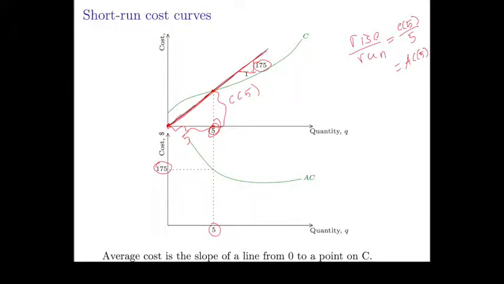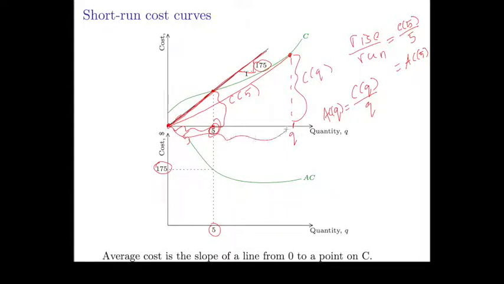In general, for any given Q, if we draw a straight line to this point, we get C of Q divided by Q, the average cost at Q. This height is C of Q, this distance is Q, so rise over run gives the slope of this line as being the average cost.